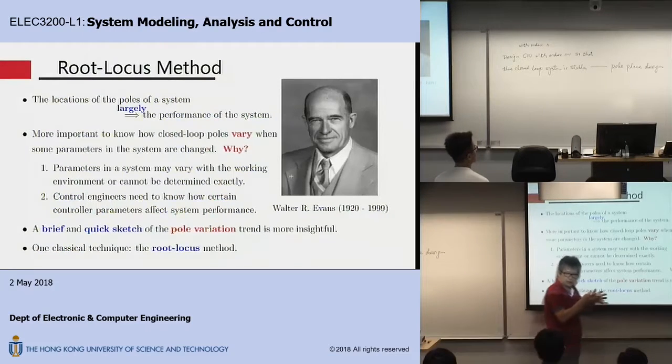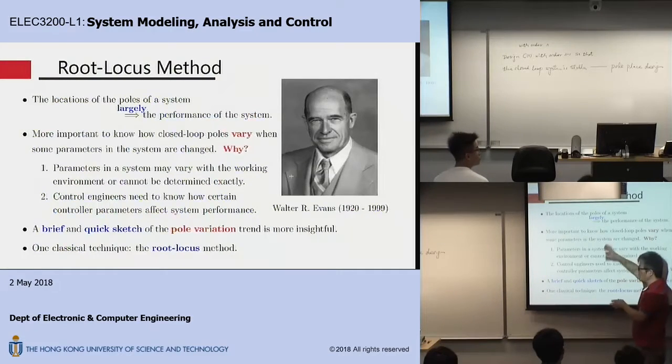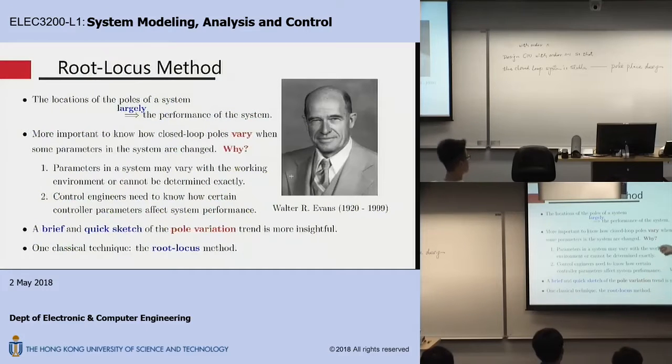It'd be nice to know the relationship between the parameters and the closed loop poles. Then you can tune those parameters to achieve some desirable closed loop poles. But the problem is that if you have many parameters, you have many closed loop poles, and the relationship is very complicated.